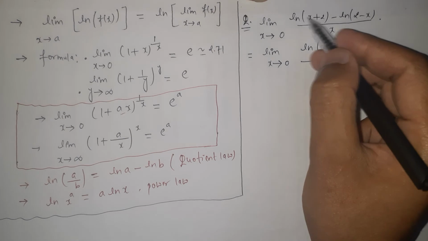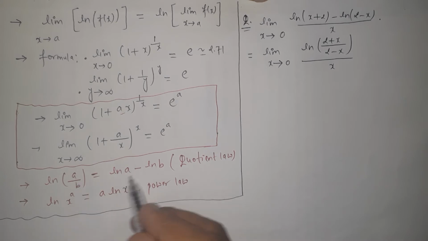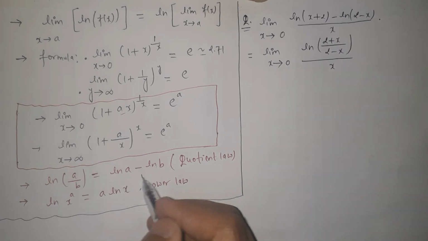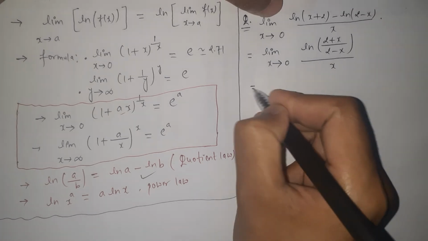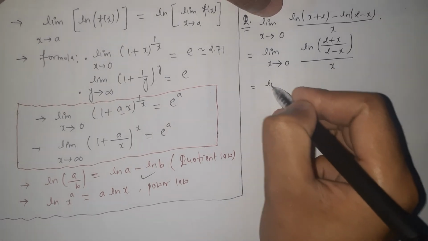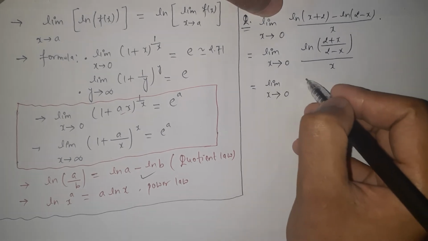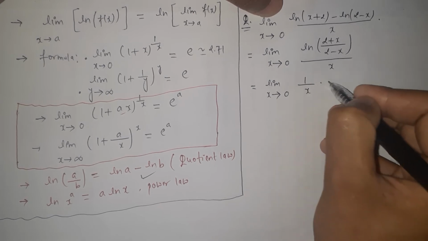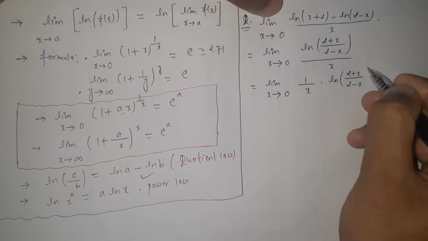Here in the numerator we use the formula ln of a over b, natural log of a over b, which is log of a minus log of b. This can be further written as the limit as x approaches 0 of 1 over x times ln of 2 plus x over 2 minus x.